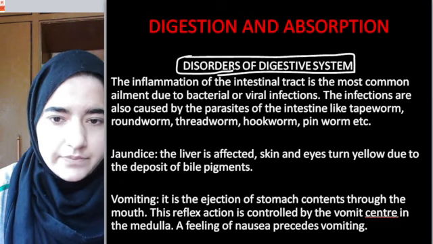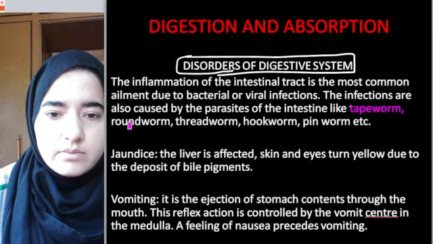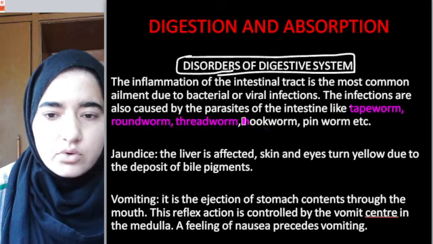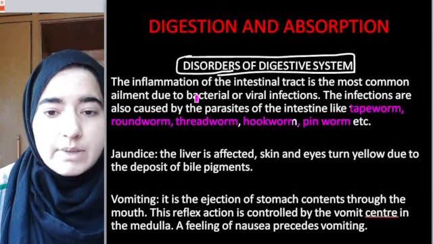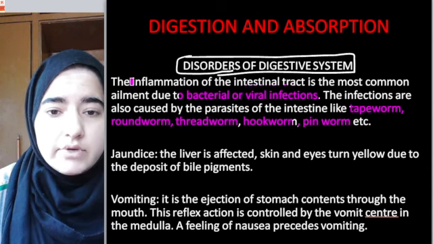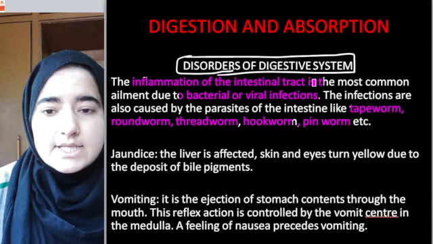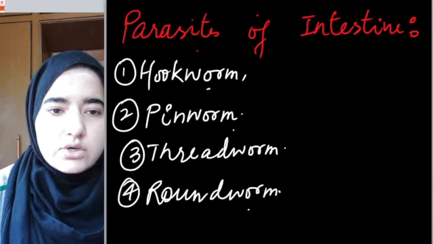These parasites cause bacterial or viral infections, and through these infections, inflammation of the intestinal tract occurs. We have so many disorders of the digestive system. We will learn them one by one.